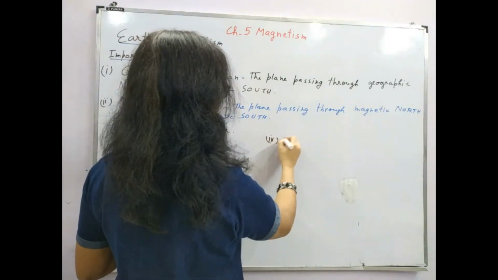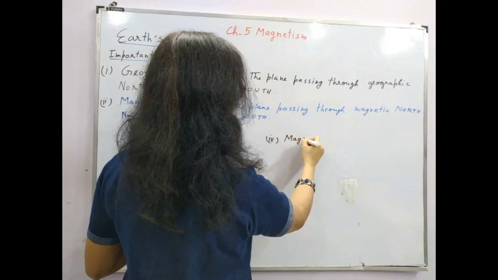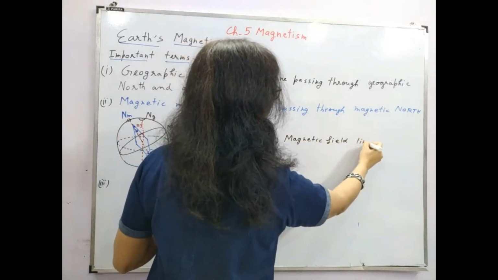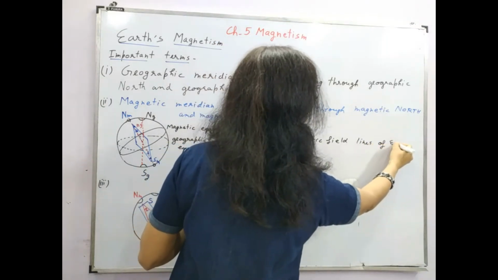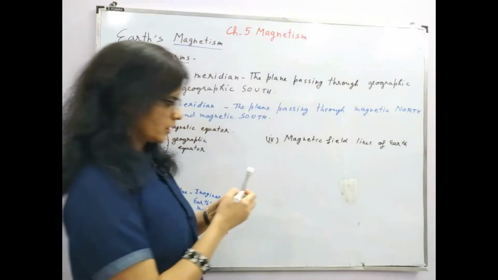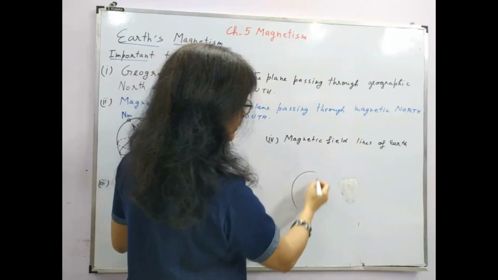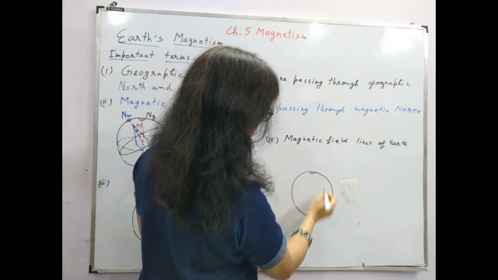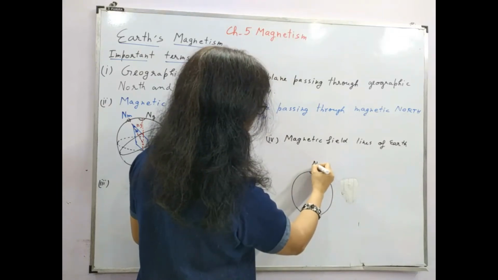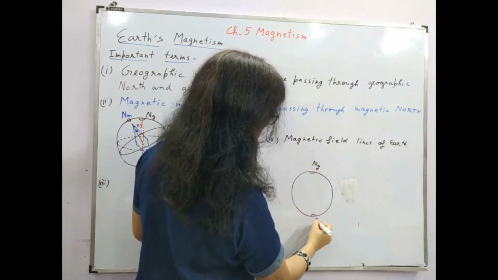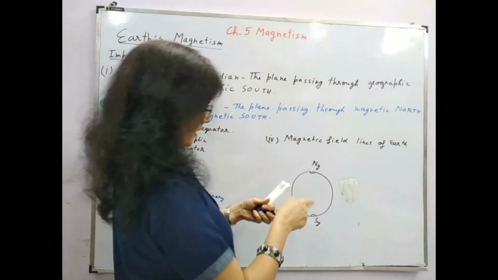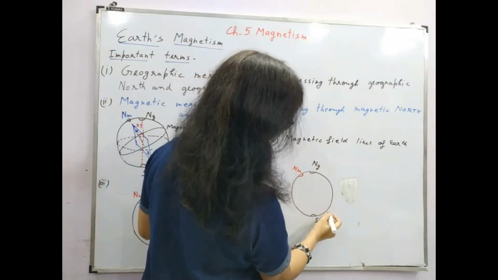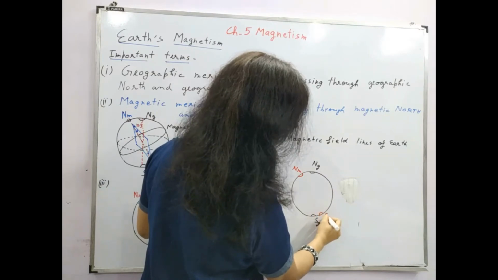So fourth is magnetic field lines of Earth. Here I'll have to again draw an Earth, and this is your geographic north and geographic south, and again I have this magnetic north and magnetic south.